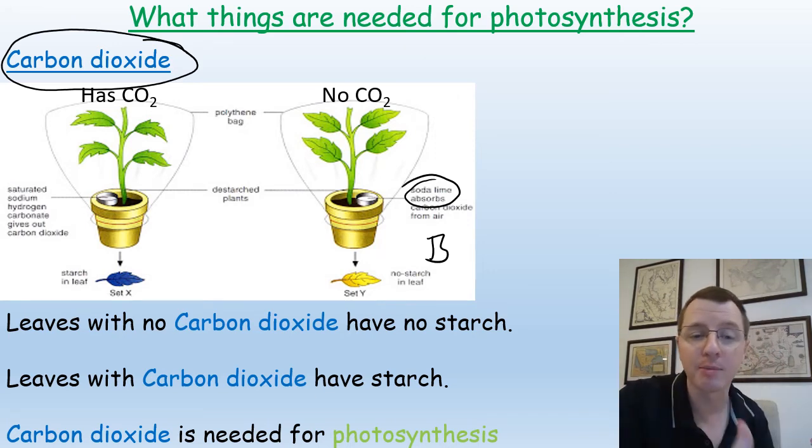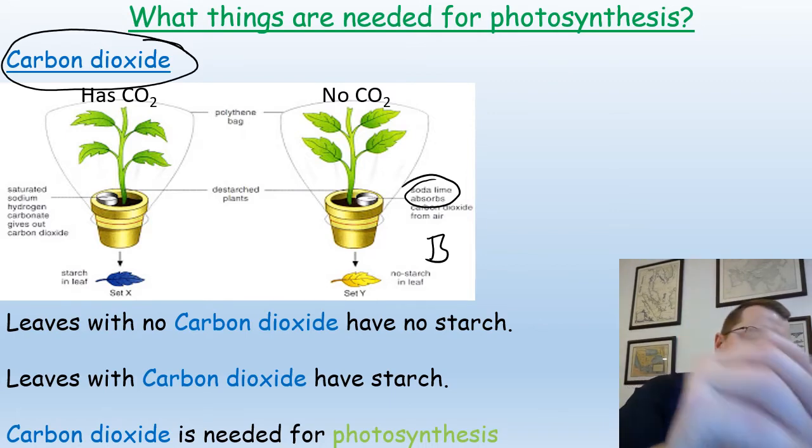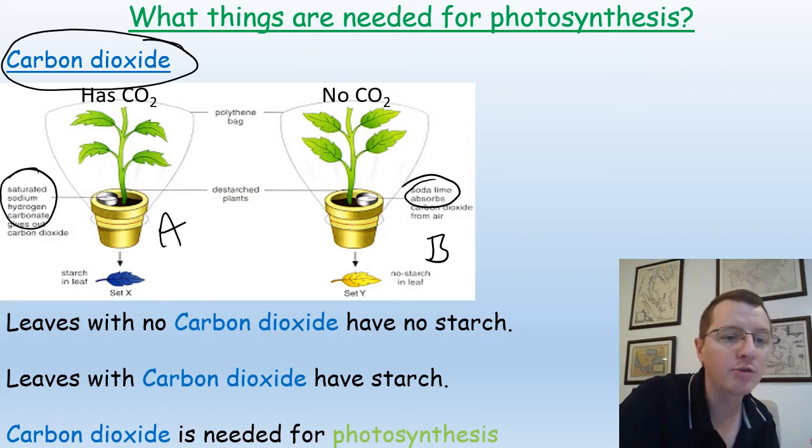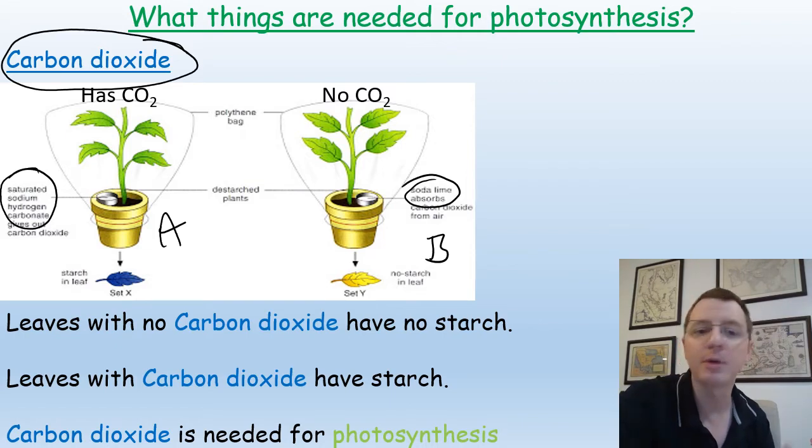So in this particular plant, the leaves will have no access to any carbon dioxide because it's all been absorbed into the soda lime. In plant A, we have a large amount of sodium hydrogen carbonate, and that's a chemical that will give out carbon dioxide. So the leaves have got ready access to carbon dioxide.